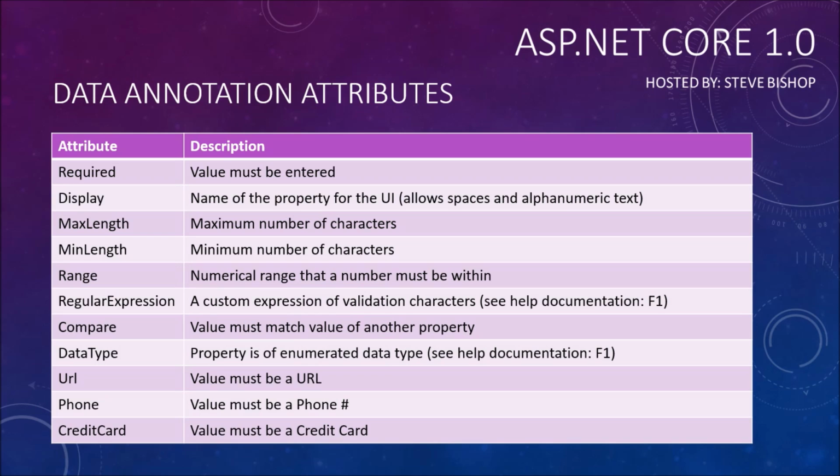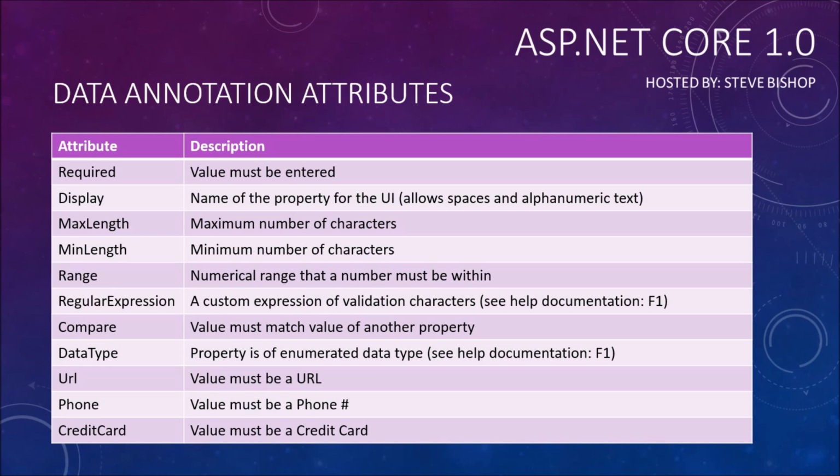This is a way for you to allow spaces and alphanumeric text as the name you're giving that property. Max length and min length are the maximum and minimum number of characters that must be in that property. The range attribute is for numerical ranges, and that can be singles, doubles, decimals, integers, any of the numeric data types. You can add a range attribute to specify the smallest and largest numbers you're going to allow within that property.